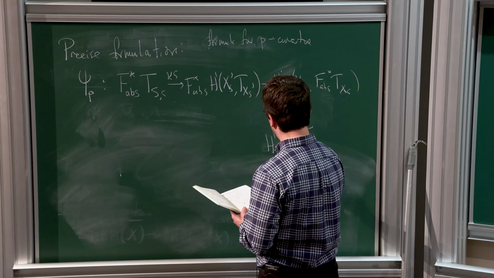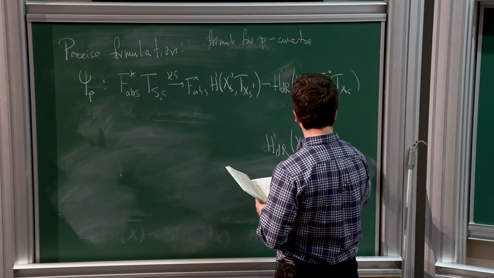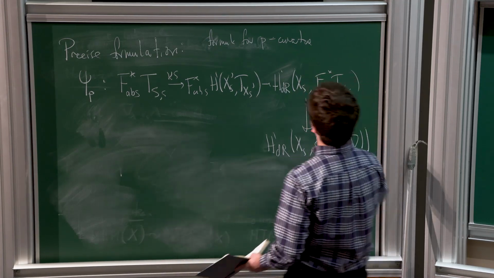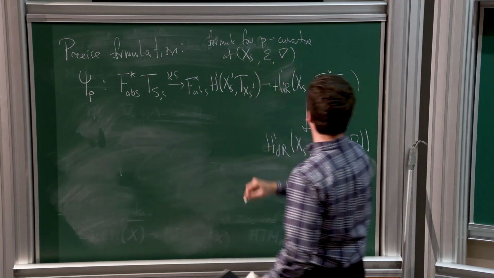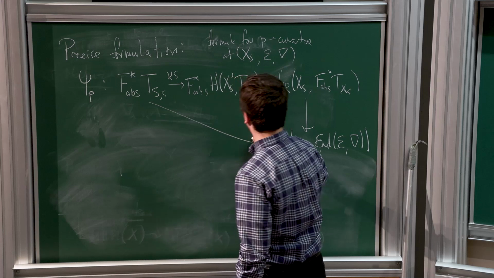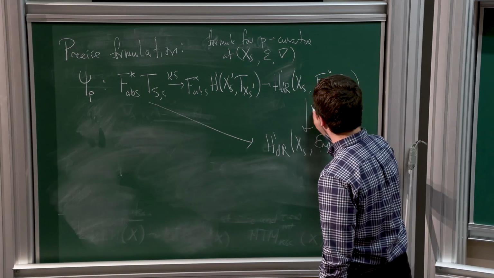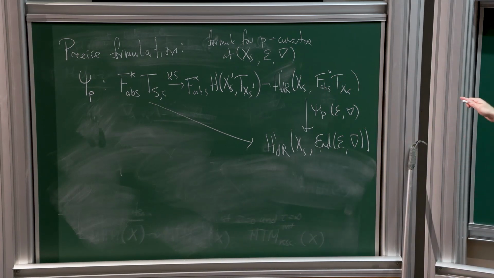So this maps to H1 de Rham of xs with coefficients in E nabla. So here, this is the p-curvature at the triple xs, E, nabla. And let me remind you, this map is the p-curvature of E nabla. Okay, so this is just a formula for the p-curvature.